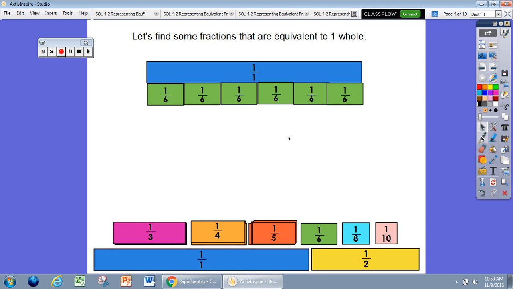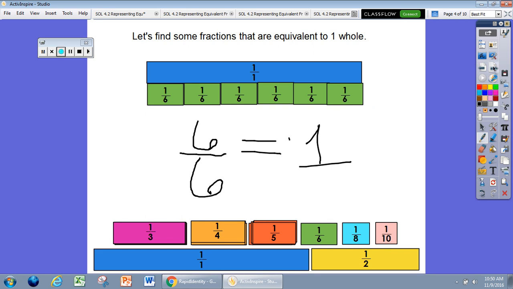You are right. Here we have our numerator. We have 6 of them, and they are cut into 6. So we know that if we have 6/6, that is equal or equivalent to one whole.